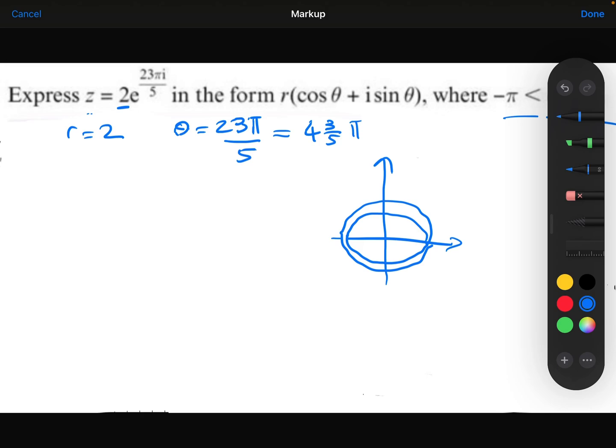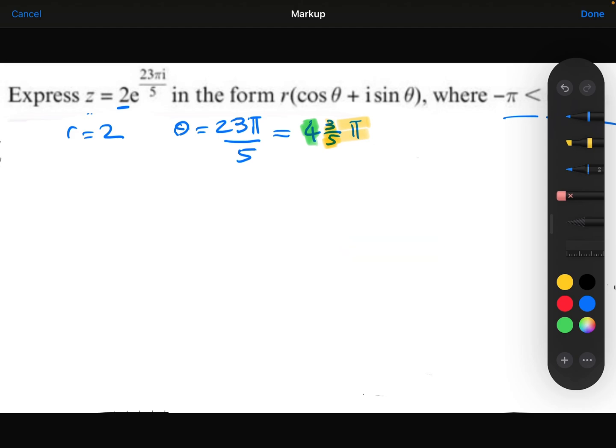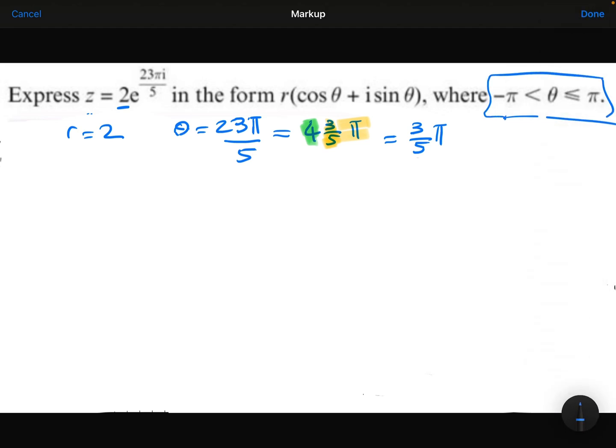So that 4 pi will take me back to where I started from. So I don't need to worry too much about that at all. So the only thing I'm actually going to include is the 3/5 pi. So this will be the same as 3/5 pi. That is in the range that I wanted.